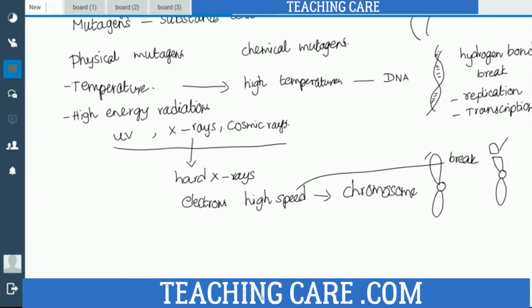And temperature will break hydrogen bonds. So this is how X-rays, ultraviolet rays and high temperature affect chromosomes, which leads to mutations.